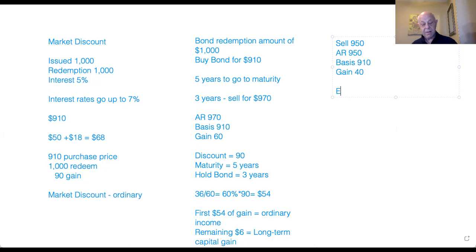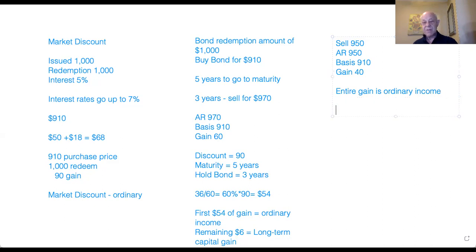The entire gain is ordinary income, right? And that's because it's less than the $54 that would have accrued. So when you have the gain, you measure the gain against the accrued market discount. To the extent it's equal to or less than the accrued market discount, then it's all ordinary income. And then once it's greater than the accrued market discount, it becomes capital gain.